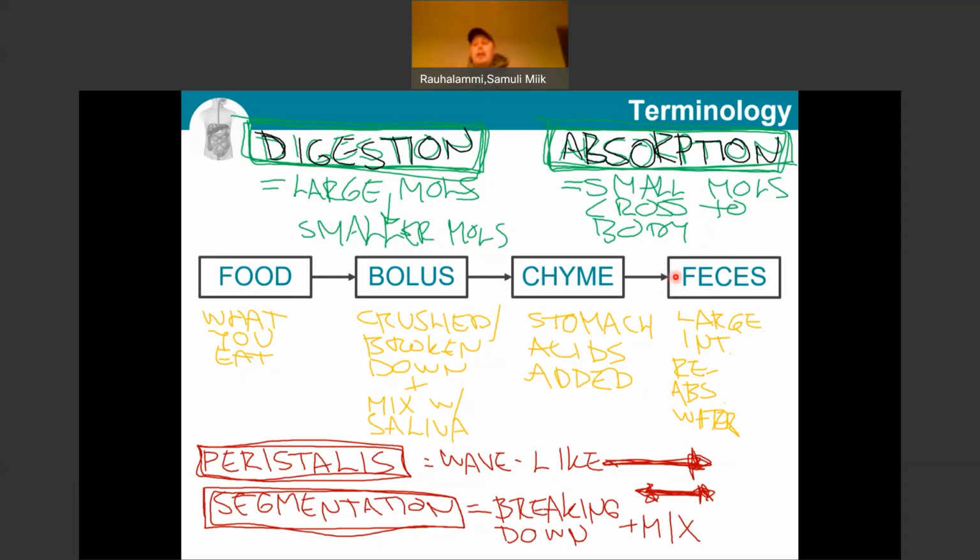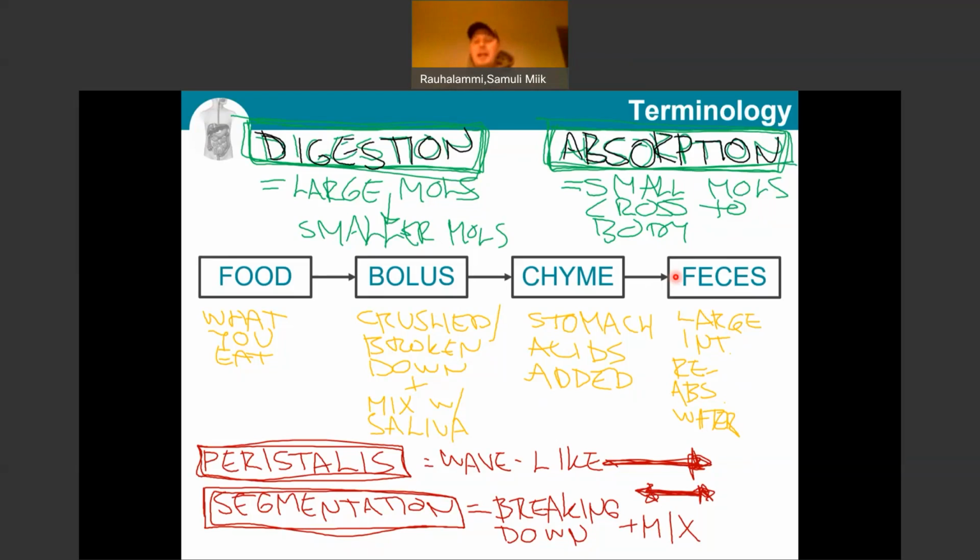Remember, electrolytes always follow the water, and also the other way around: where electrolytes went, water went. So water and electrolytes are now removed from this chyme, and what's left is the indigestible material that we cannot use, but it's going to be fairly dry.